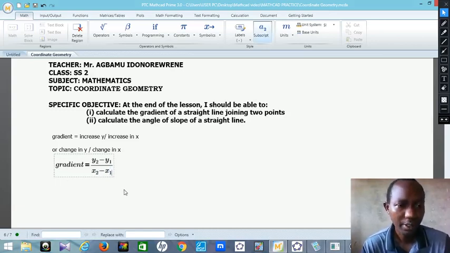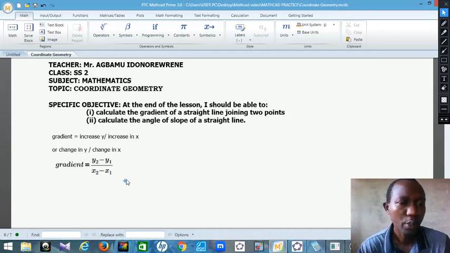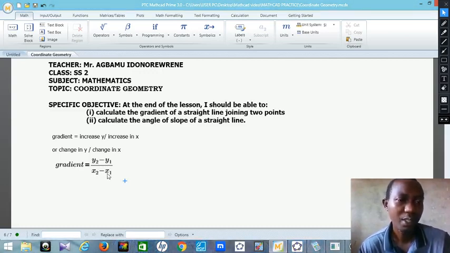So this is the formula for gradient. The 2 points will be given. Just take the second point y2 minus the first point y1. Then for x, the second point minus the first. That is all. So this is all with gradient.